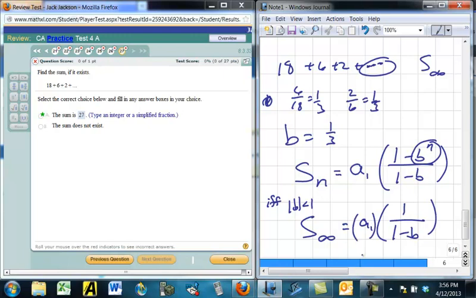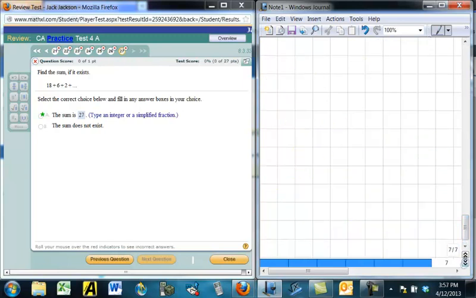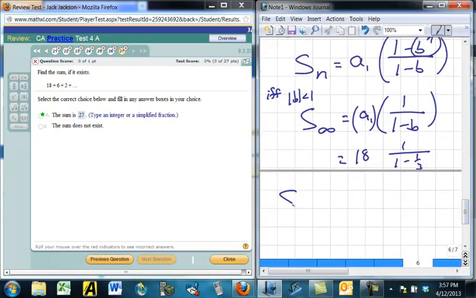formula right here. So the first term was 18, and the base was 1/3. So let's see what we can do about simplifying that. So the sum of all infinitely many terms is this. I don't need to multiply the denominator by 3.